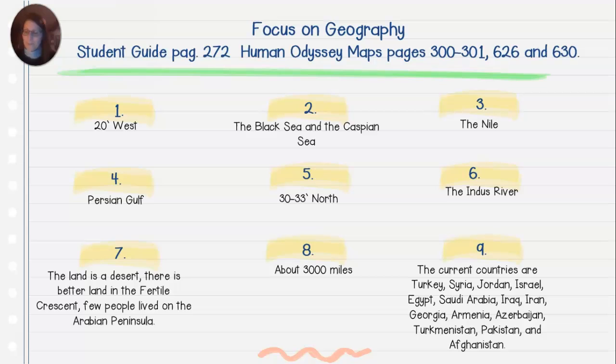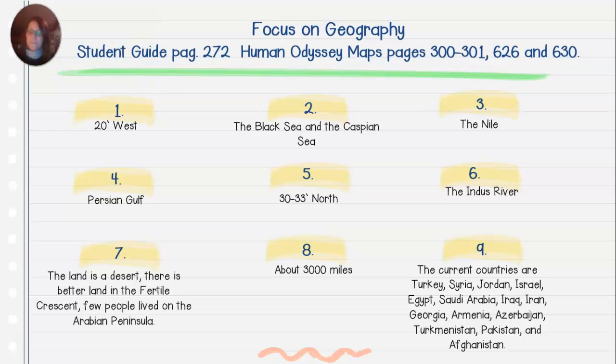Now, question number 1, at what longitude was the westernmost point of the Persian Empire at its peak? That would be 20 degrees west. Remember, longitude lines go up and down, but they measure east and west. Question number 2, what 2 seas were part of the northern border of the empire? That was the Black Sea and the Caspian Sea. Question number 3, along what river was the southernmost part of the empire?